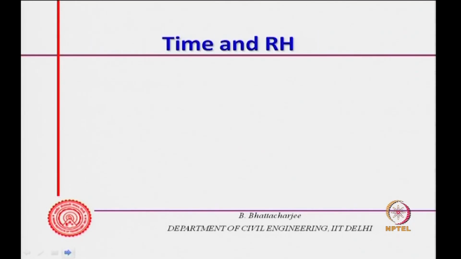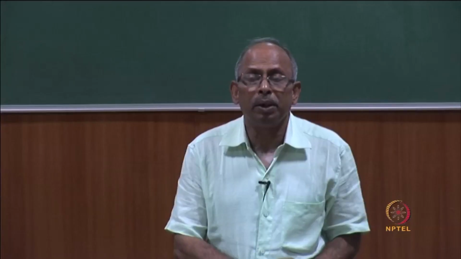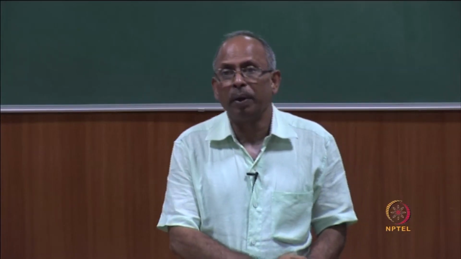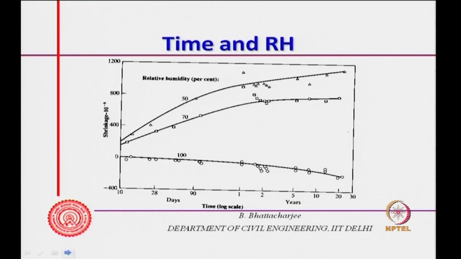So, this was water cement ratio and of course, volume of aggregate. Then relative humidity and age. If this is age, we have seen earlier also that shrinkage increases with age. In this case of course, there is a reduction if you have 100% relative humidity, which means that you will have some amount of swelling.